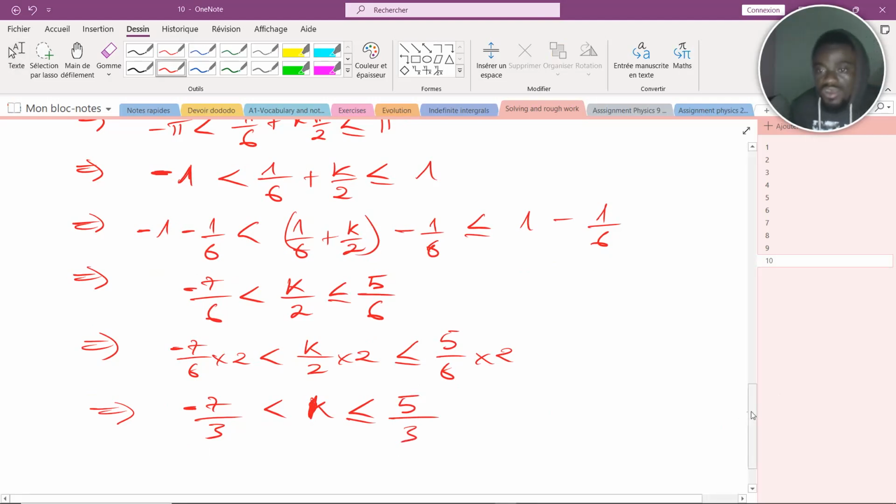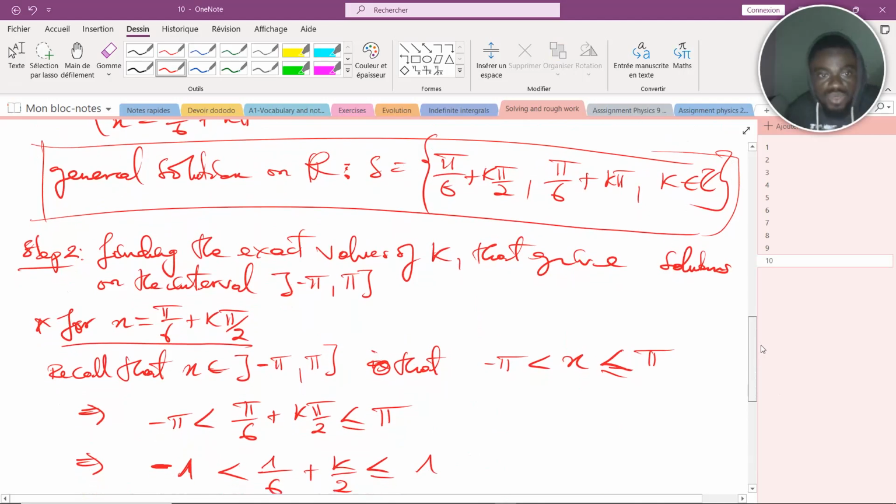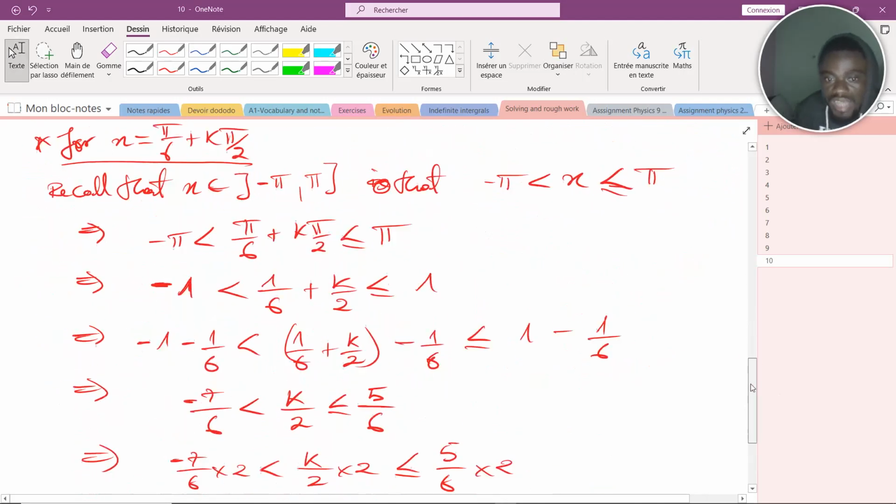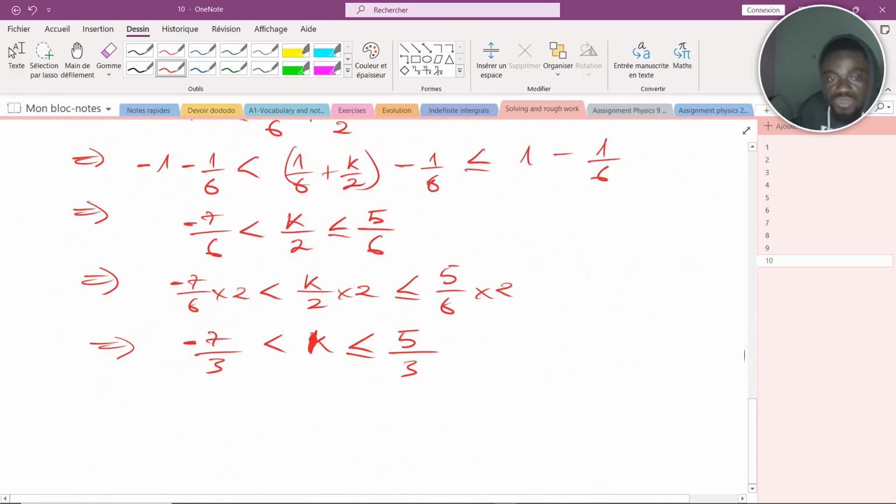So the values of k we are to substitute here must lie in which interval? They must be integers between -7 on 3 and 5 on 3.